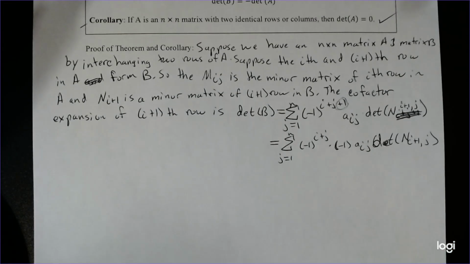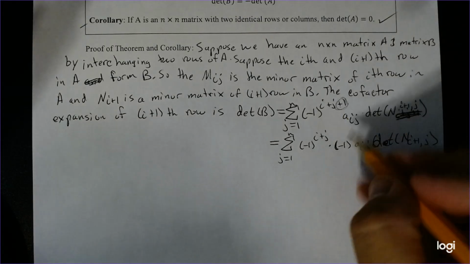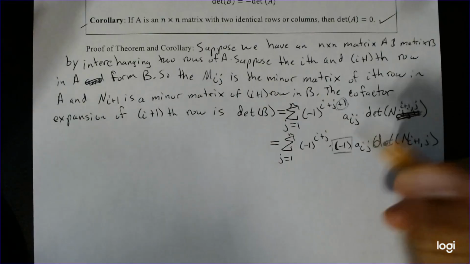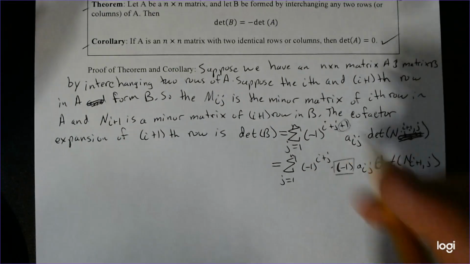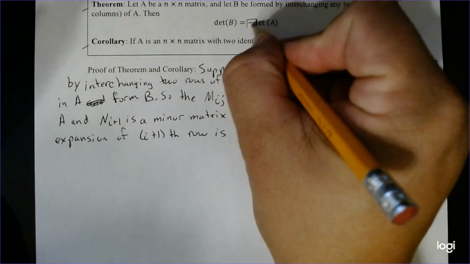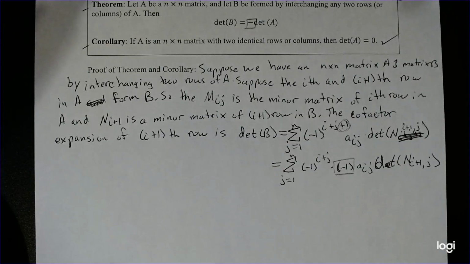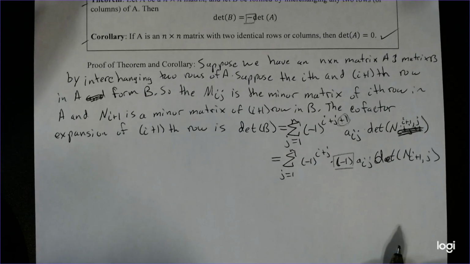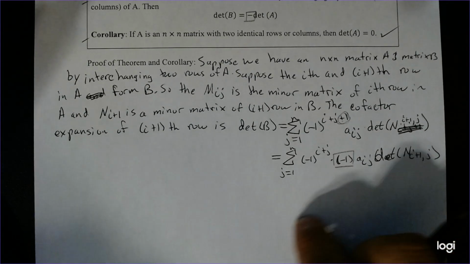Now, the reason why we pop this in the front is because, remember, we actually need a negative, right? So now what we're going to do is just bring it to the front.